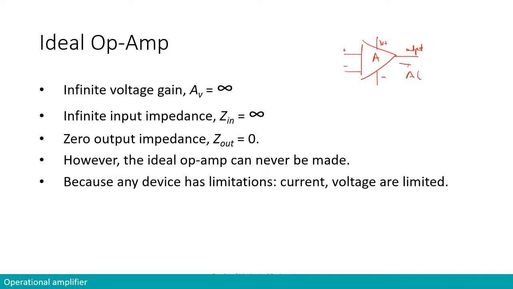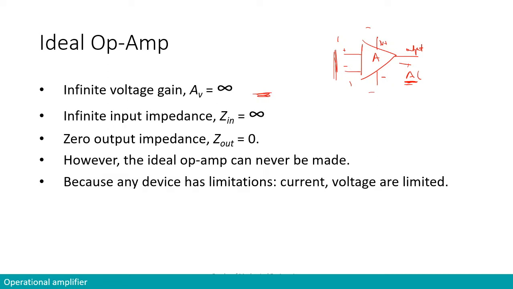The combination of the inputs, of course, will depend later on how the operational amplifier is mounted with other components around it. But at the end, there will always be a gain, which is multiplied by the input that we put into the operational amplifier. That's what we call the voltage gain.